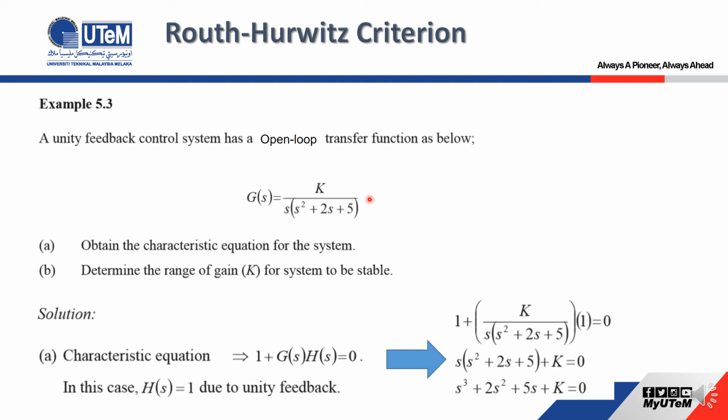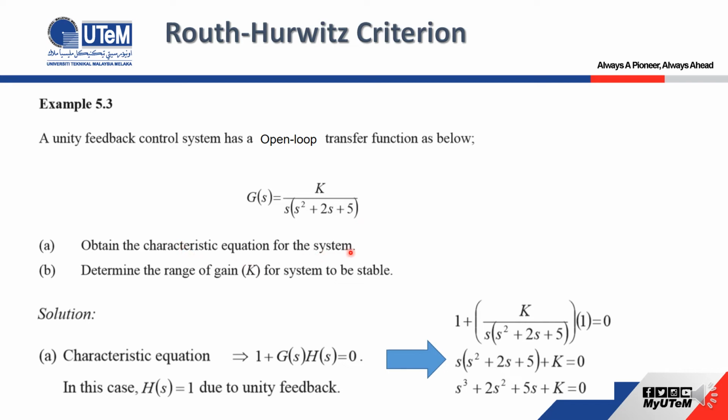To do so, we simply solve the closed loop system by using the same formula as we discussed before, which is C(s) over R(s) equal to G(s) divided by 1 plus G(s)H(s). Because this is a unity feedback control system, H(s) in this case is also equal to 1. By doing so, we can obtain the characteristic equation for the system.